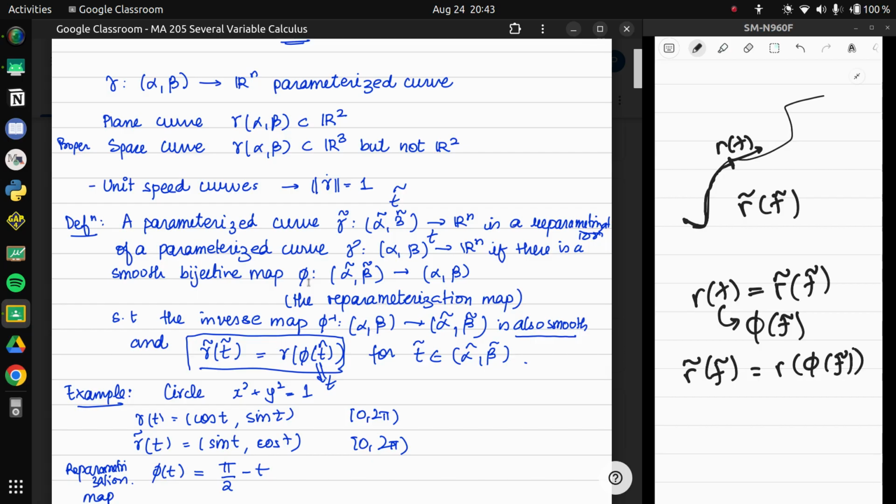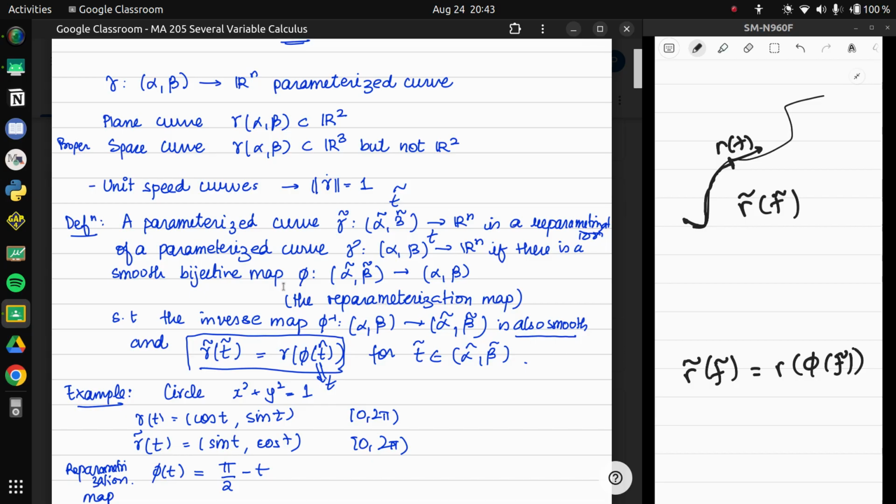If you have some other parameterization of the curve, effectively it's the same no matter how you parameterize it. All of these would be parameterizable within each other. Also there's an extra condition for phi: it should be a smooth bijective map.